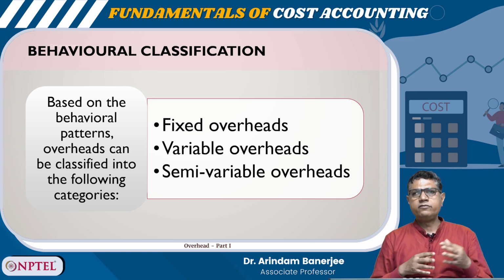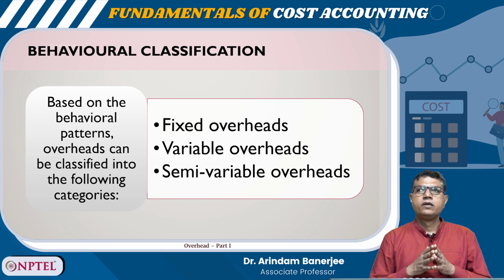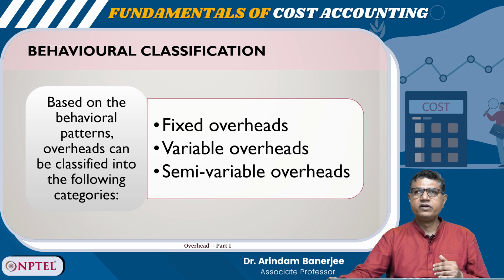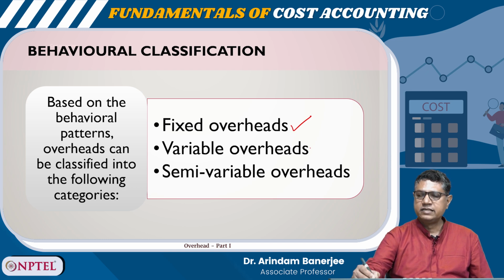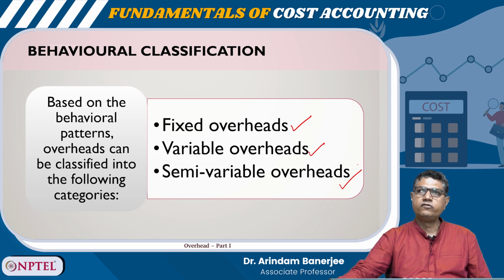There is another way of looking at it, where we can classify the total overhead on the basis of their behavior. So, we can classify based on the behavioral patterns under majorly three categories. The first one is the fixed overhead, second one is the variable overhead, and third one is semi-variable overhead.